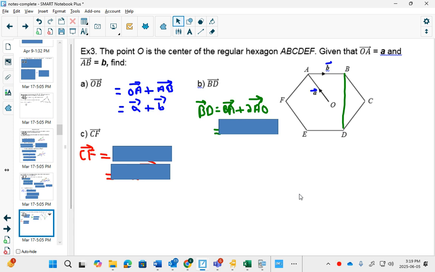You could also go B to C and C to D. And since C to D, we'll just draw C to D in red. Can you see that C to D in red is exactly the same as B to O was? So doing that math, to get from B to D, we could go negative B and then minus 2 A's.